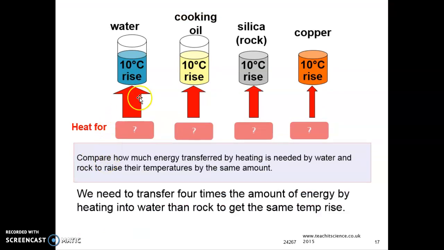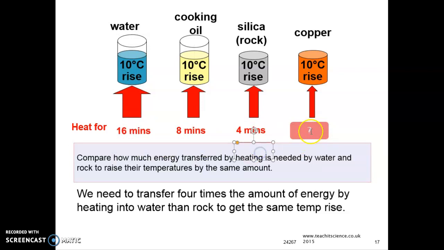So if we said, well, we want to get the same temperature rise, how long would we have to heat for? Basically, because silica rock increased by 4 times as much as the water, that means in order to get the same temperature rise, we would have to transfer 4 times as much energy into the water to get it to rise to the same temperature as the rock.